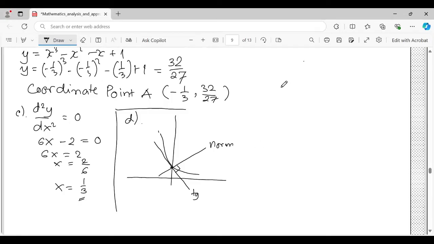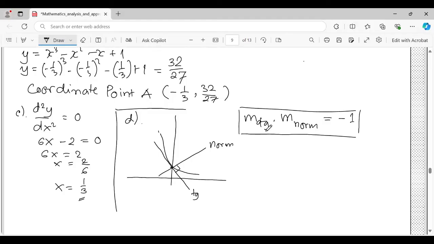Okay. So the gradient of tangent times the gradient of normal is minus 1. Okay. So the gradient of tangent equals positive 1. Why?